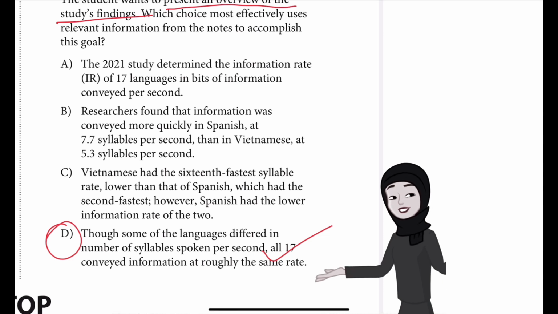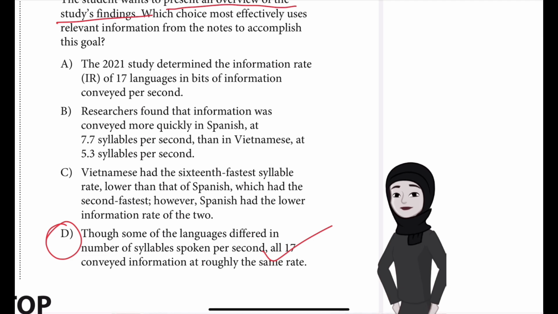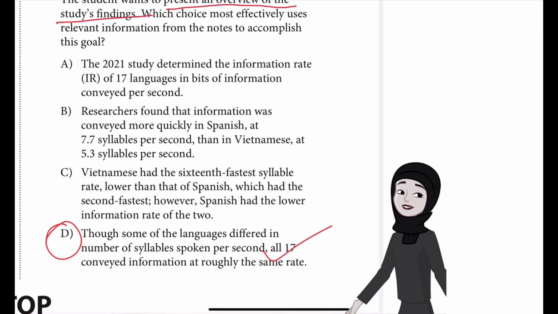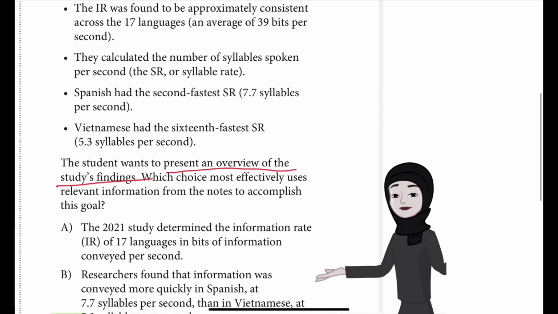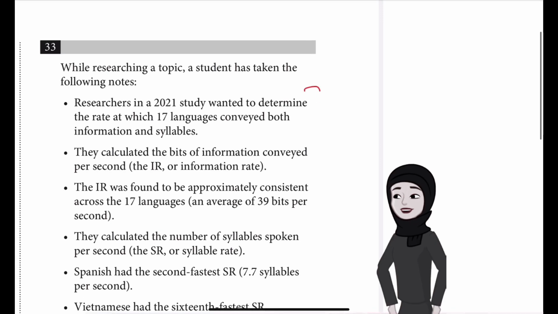The sentence presents an overview of the study's findings, noting that for some of the languages, the examples of Spanish and Vietnamese are given in the notes, the number of syllables spoken per second varied, while the amount of information conveyed per second remained roughly constant across all 17 languages. So what was the main thing?